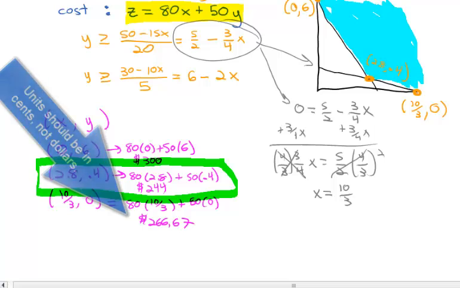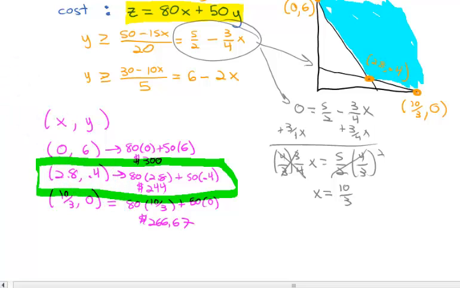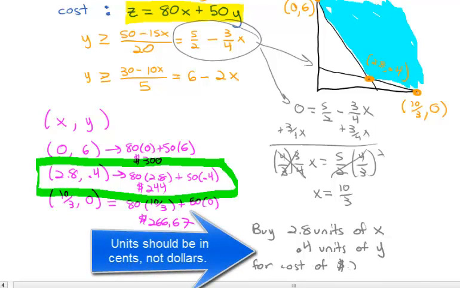So we're going to advise this farmer to buy 2.8 units of brand X, 0.4 units of brand Y for a cost of $244.